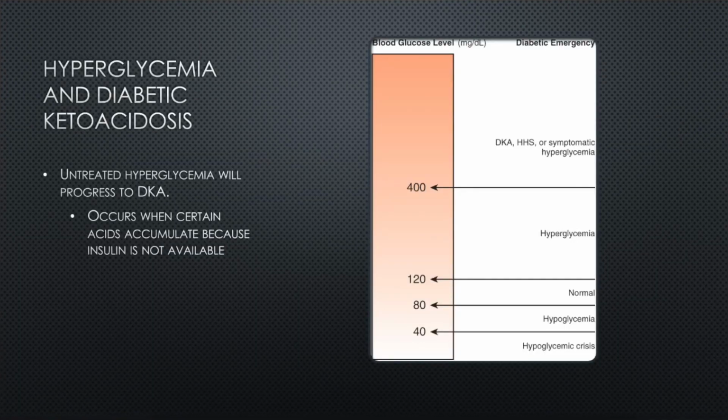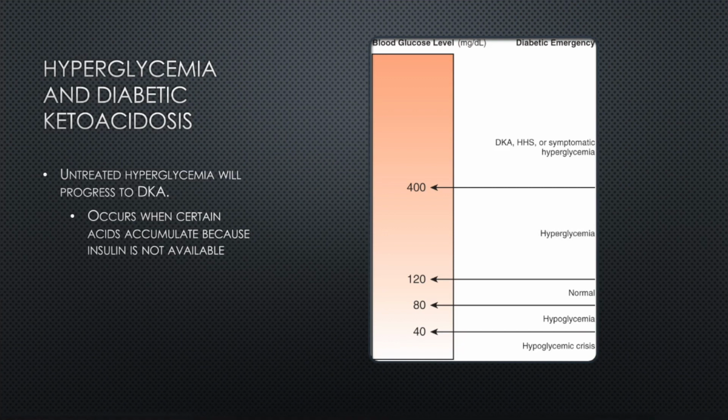So it's important to know that untreated hyperglycemia will progress to DKA, diabetic ketoacidosis. It's associated predominantly with type 1 diabetes. Type 1 diabetes typically results in your DKA. It's a life-threatening condition. Any acidosis is. Your pH cannot withstand too low of a number.